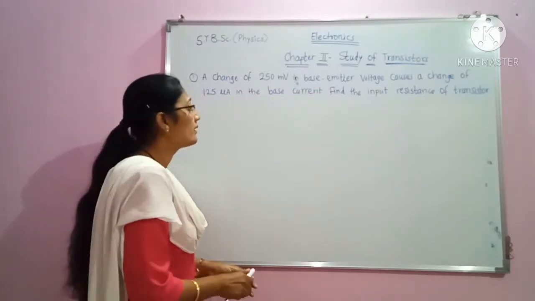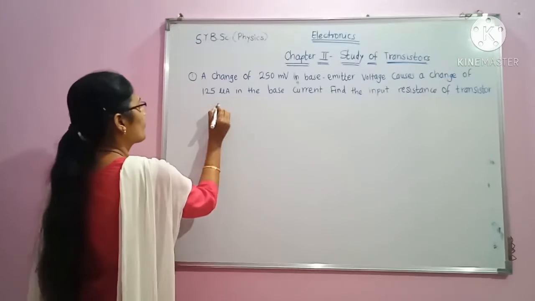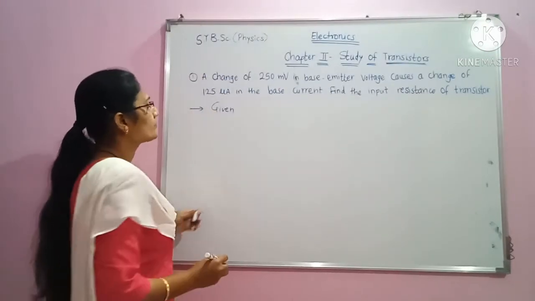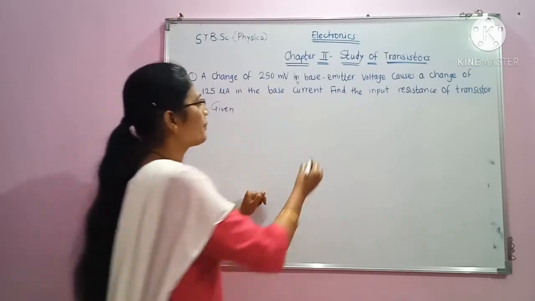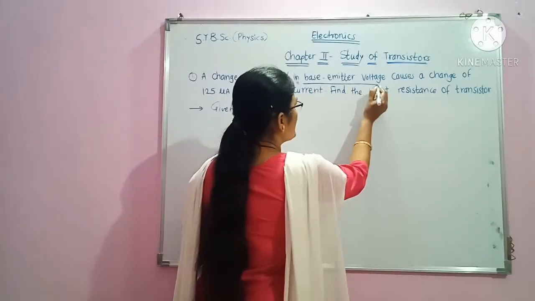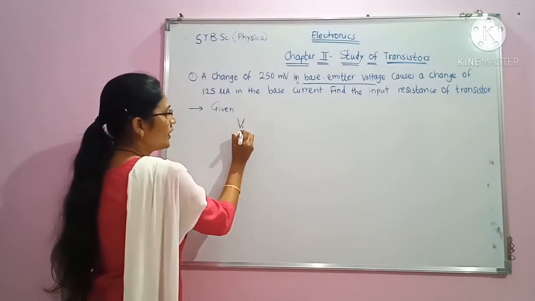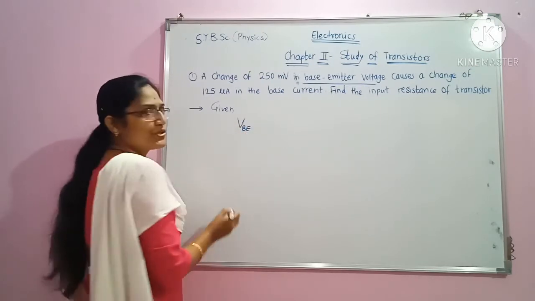So let's write the given. What is given? Base emitter voltage is given.